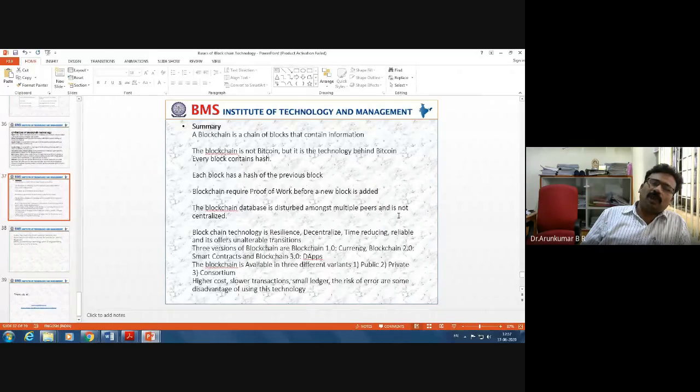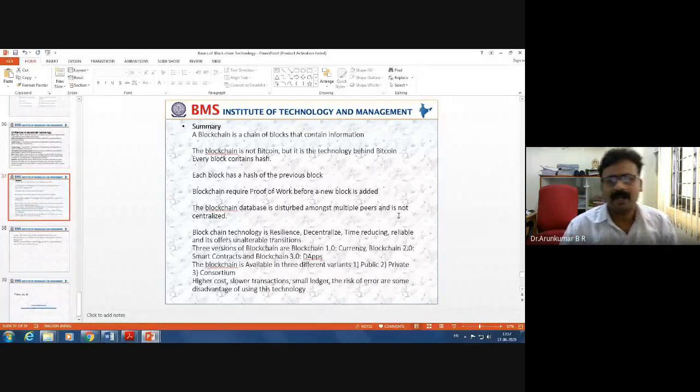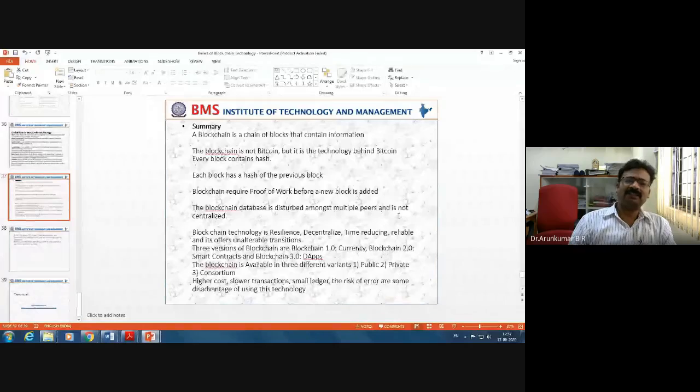Before a new block is added, proof of work has to be executed. The blockchain database is distributed. Blockchain is also a database. It is a distributed database among multiple peers, and it's not centralized. Blockchain technology is resilient, decentralized, time reducing, reliable, and it offers unalterable transactions.